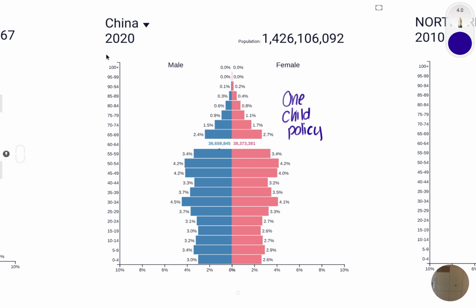And since then, their population has really changed. So they're going to have an aging population. These bigger bars are going to keep moving up, and more of their population is going to be old, and less population is going to be young and able to work.